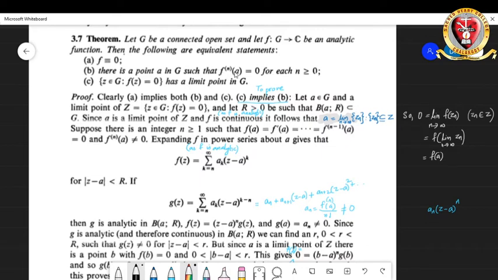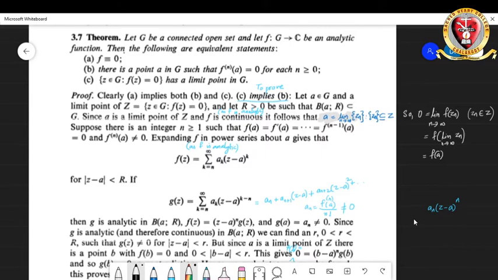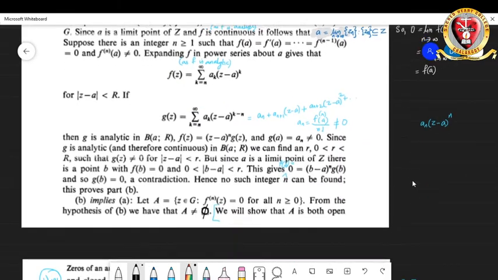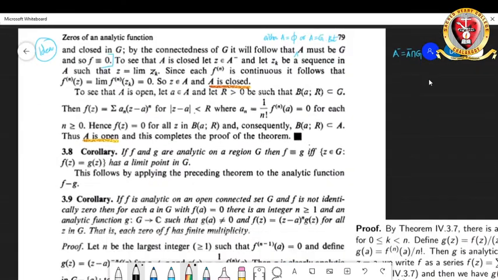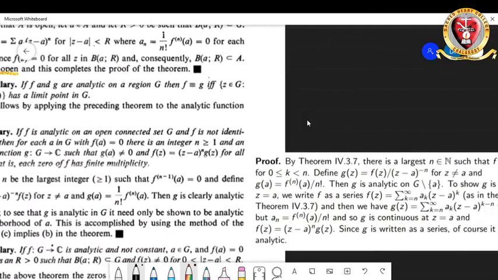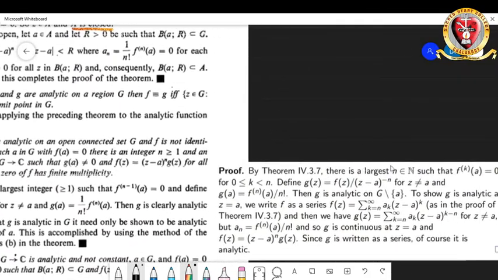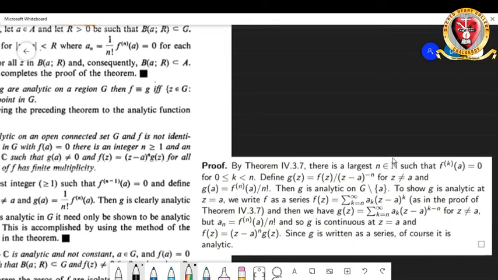Okay, so you are taking the negation of the second statement in this corollary, and that means there exists an n belonging to the natural numbers such that f^(k) of a is equal to 0 up to that n. Okay, so that is the largest n such that it is equal to 0.